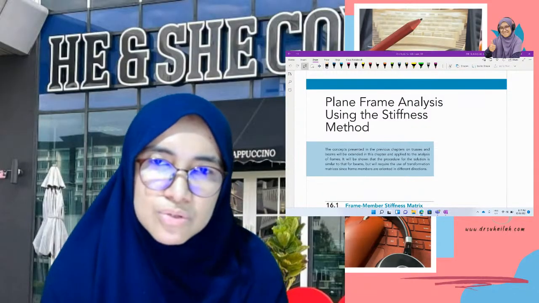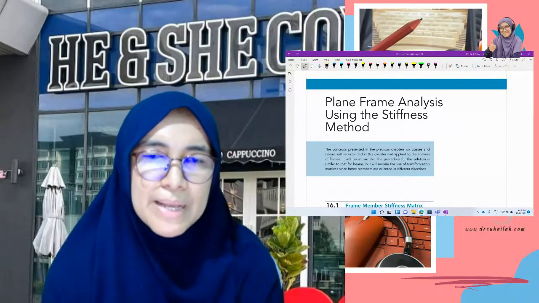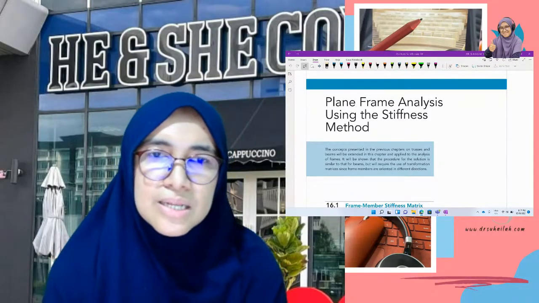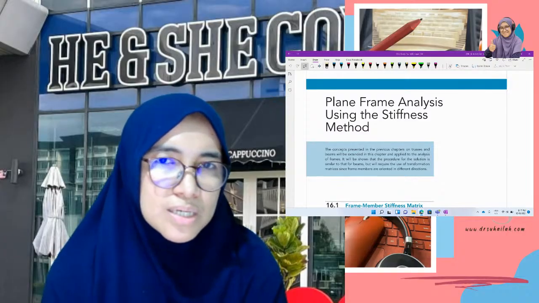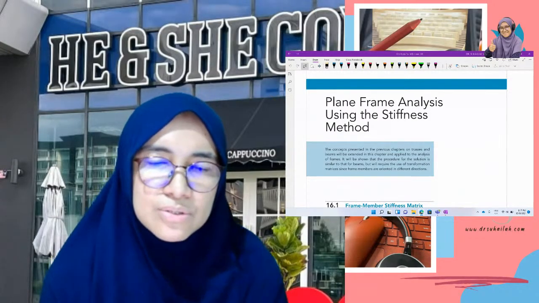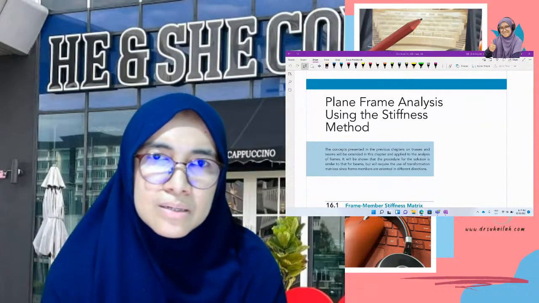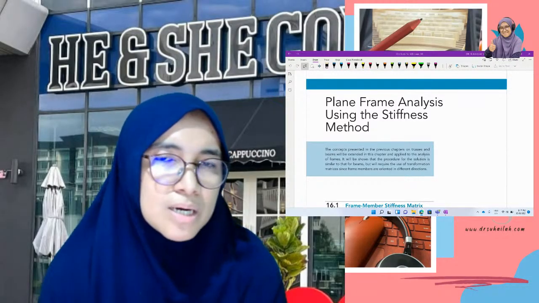So this is also called the stiffness matrix method. This is the new method where, in order to solve for the unknowns, you will be using a formula.